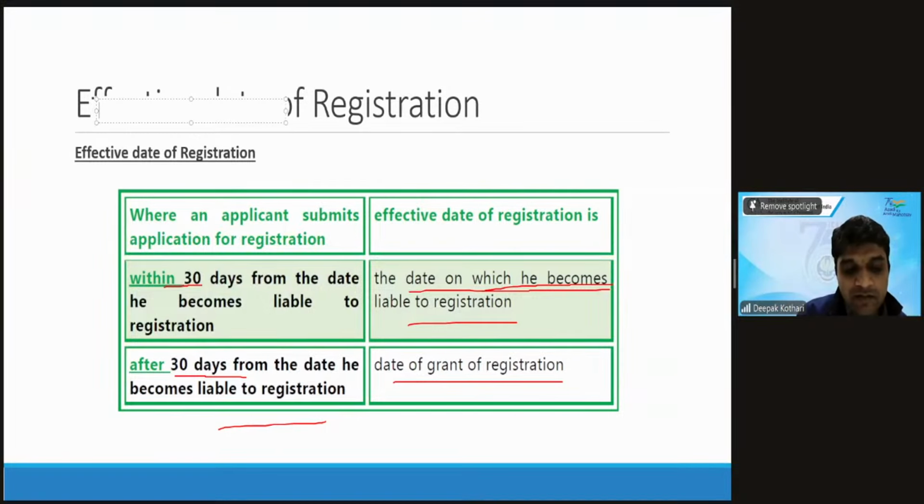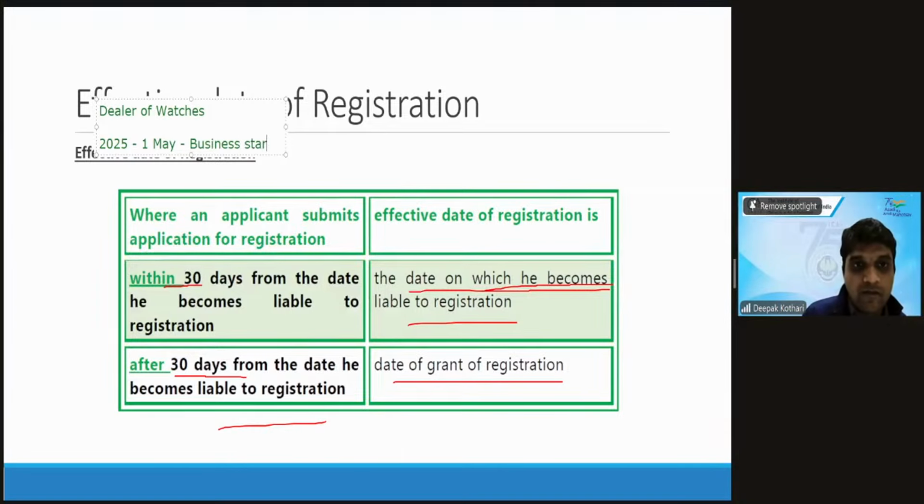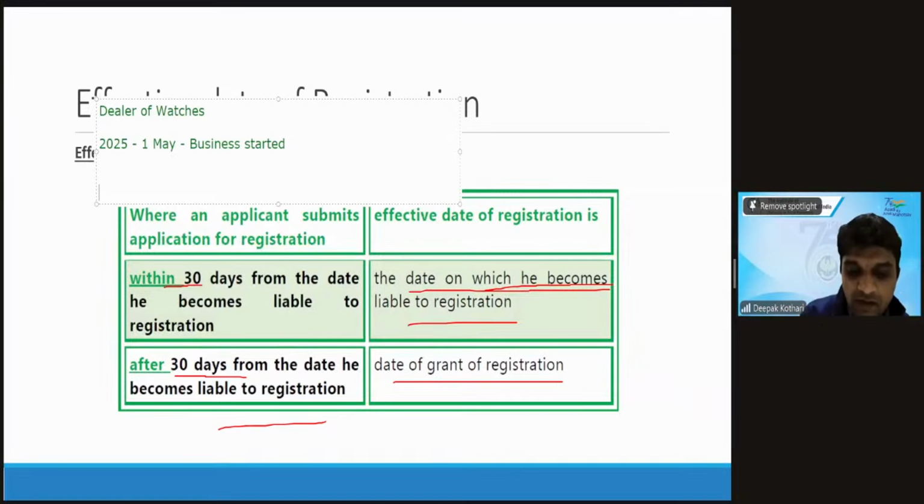I am a dealer of watches. Say in 2025, I started my business on 1st May. Now my turnover till July itself, I'm handling high-end watches, and I am not in these special category states.